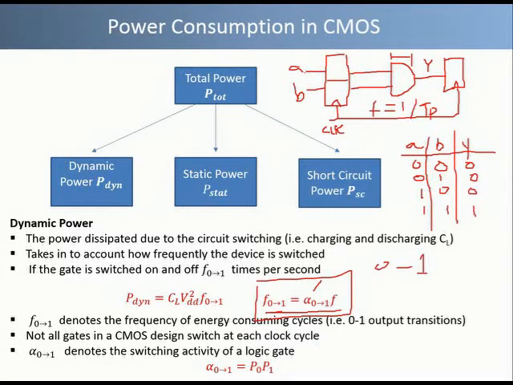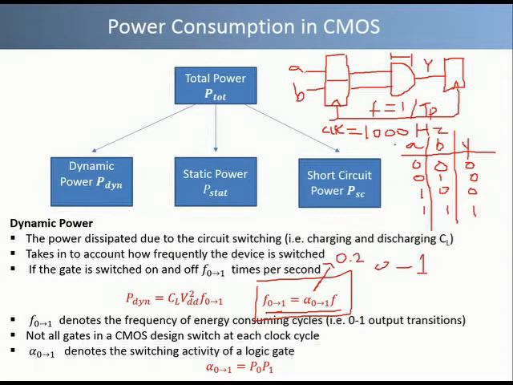So for example, let's say the clock frequency of this register is 1000 Hz. So it means an input can be applied 1000 times per second. Now let's assume that out of these inputs, only 20% of the inputs are those which produce a 0 to 1 transition at the output. So the activity factor in this case is 0.2, that is the 20%.